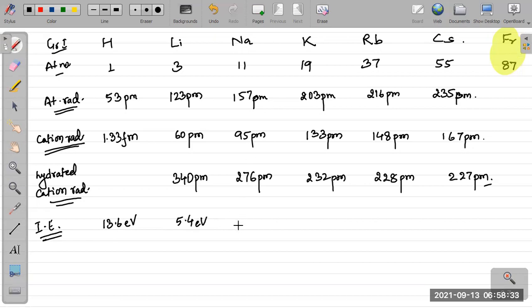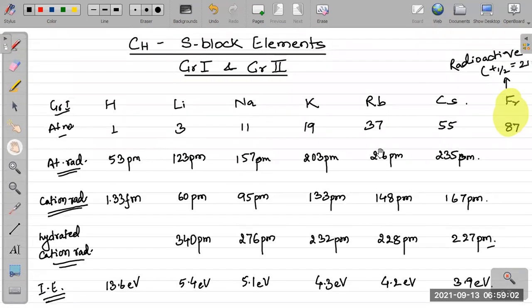For sodium it is 5.1 eV, then 4.3 eV, 4.2 eV and 3.9 eV.